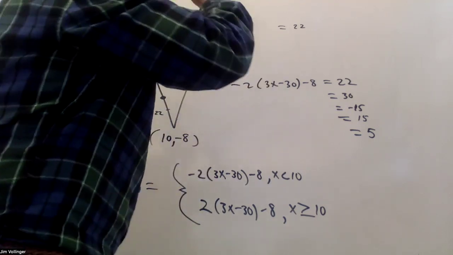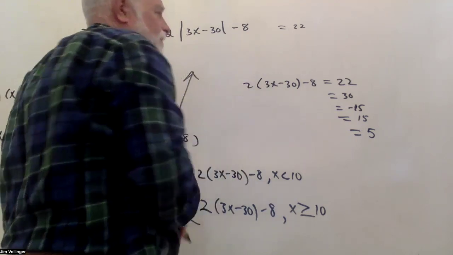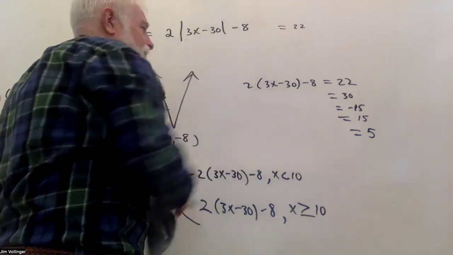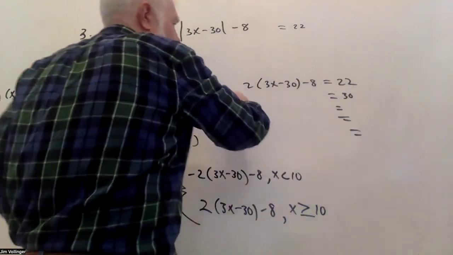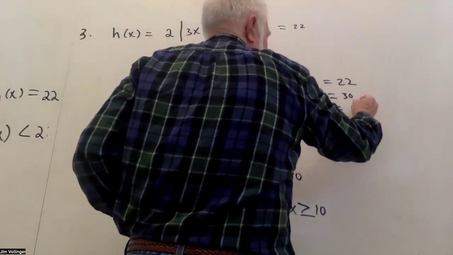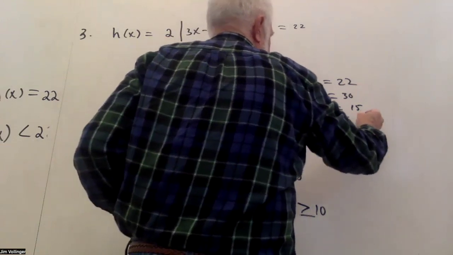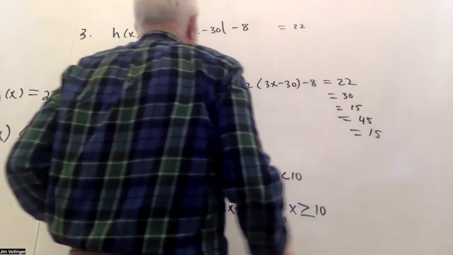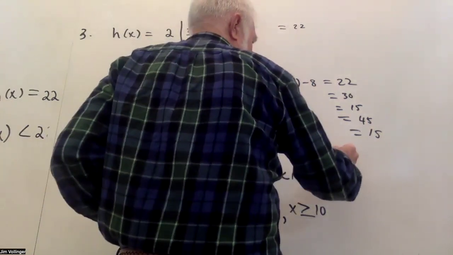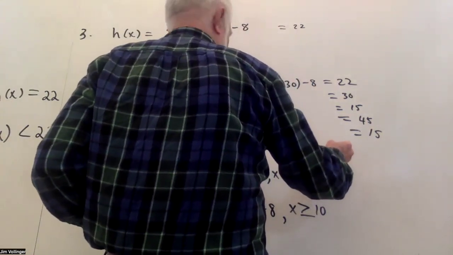Oh, how nice. And now we're going to use the eraser and solve the other piece. First step's the same. And now I've got negative 15... I mean positive 15. I'm going to add 30, which is 45. Divide by 3, which is 15. And what did I get for an answer?